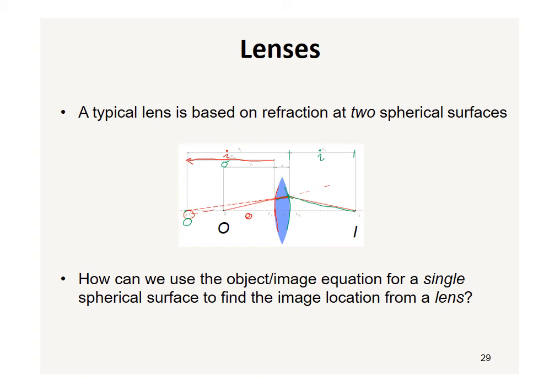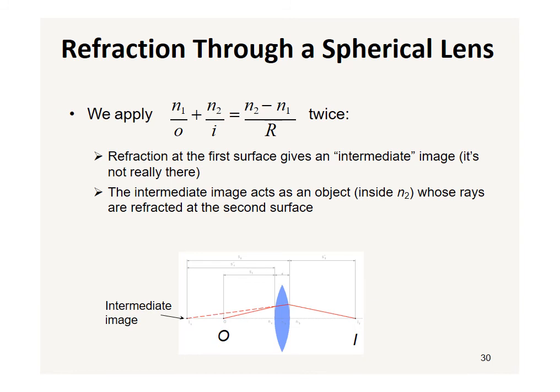To see how light is refracted through a lens, we're first going to look at the single refracting spherical surface on the left-hand side that the light sees first. It creates a diverging ray of light heading in this direction. We trace it back, and it seems as though the light has originated from a virtual image located out here.